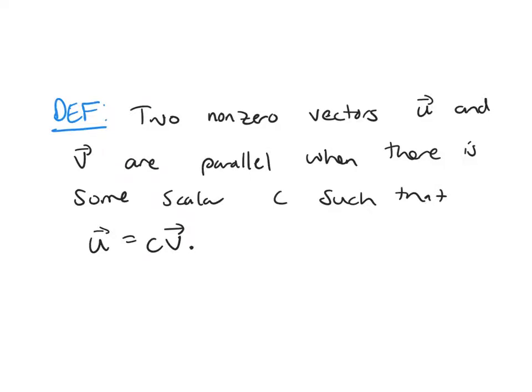So basically, to be parallel, one of them needs to be a scalar multiple of the other.